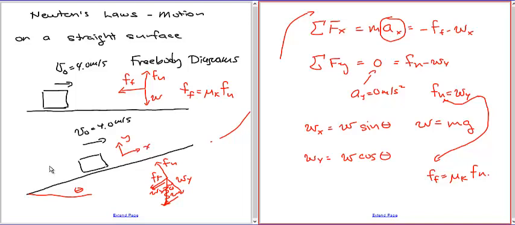And the whole idea is to realize what free body diagrams are, how you use Newton's second law to come up with equations relating forces and acceleration, how friction is related to the normal force through the coefficient of friction, how to break the weight up into components when you're on an inclined plane, and how you can calculate the mass, since the weight is the product of mass and the acceleration due to gravity.